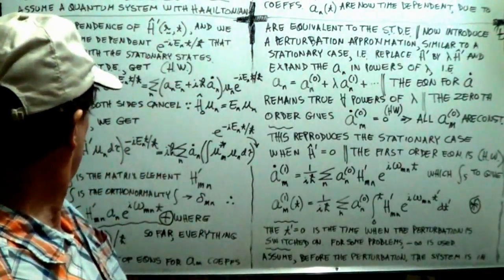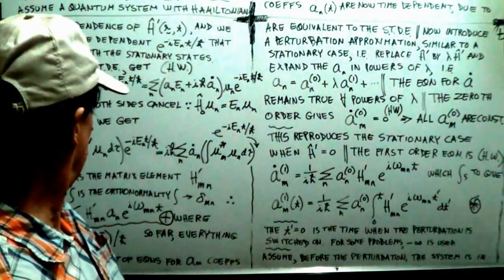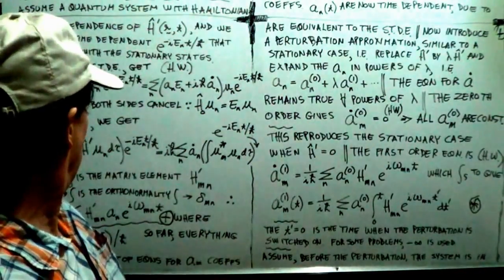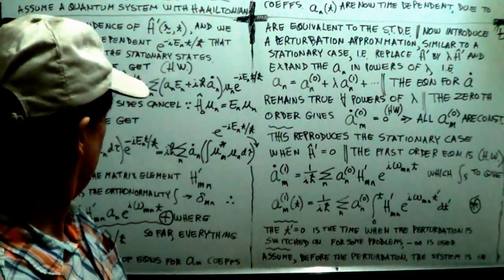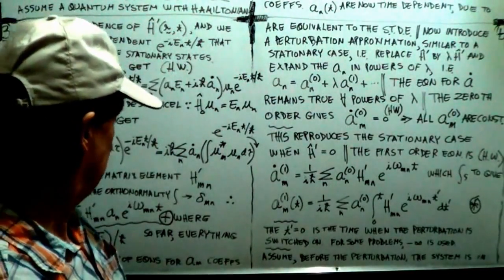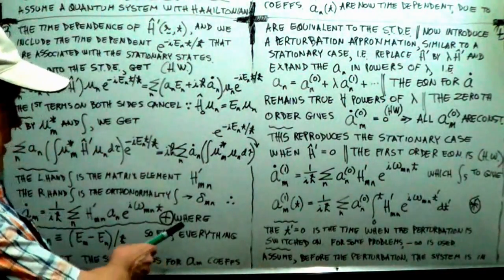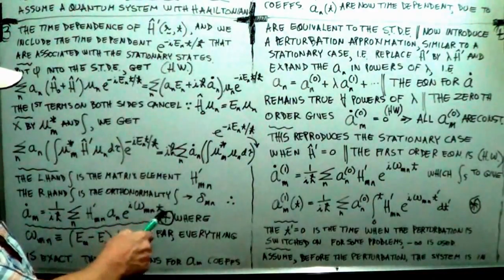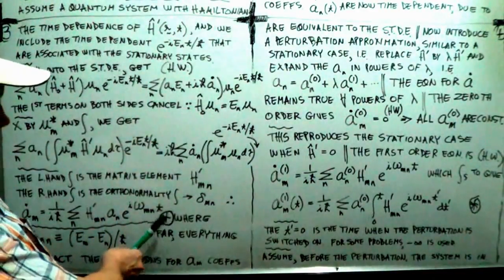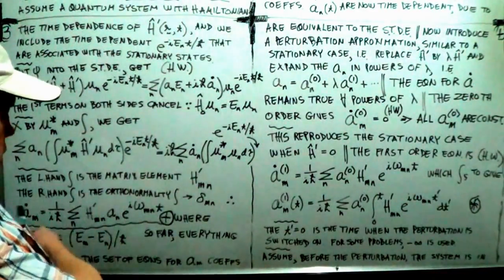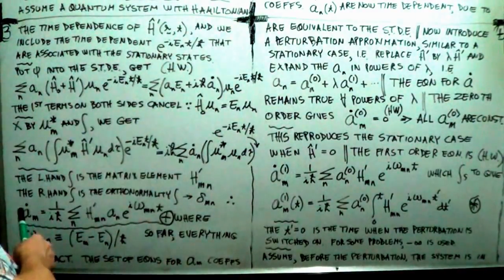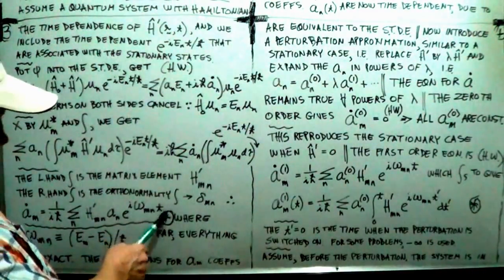It was 1 over i h bar, sigma over n, h dashed mn, an, e to the i omega mn t. I'll use that later in later sections, so I've identified this equation for am dot with a plus circle.